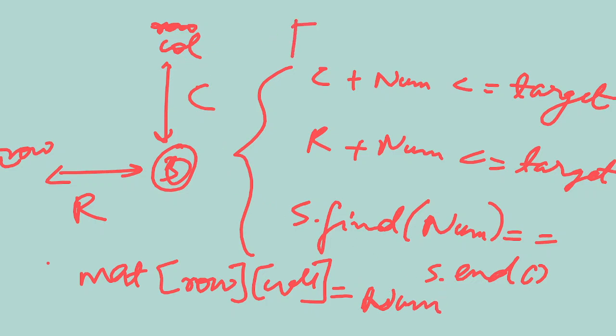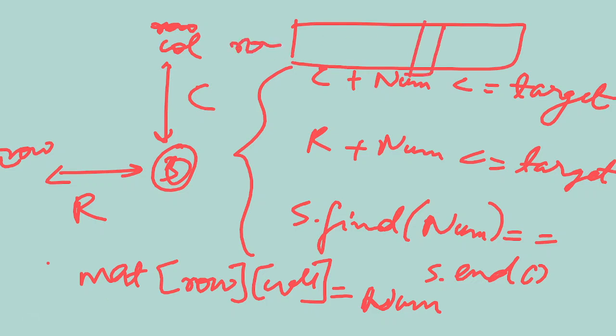For example, if I'm in a particular row and I have found that this element x can be inserted, then I'm going to make a call for the next column for the same row. And once I have completed filling all the elements in a particular row, I will make a function call to the next row.